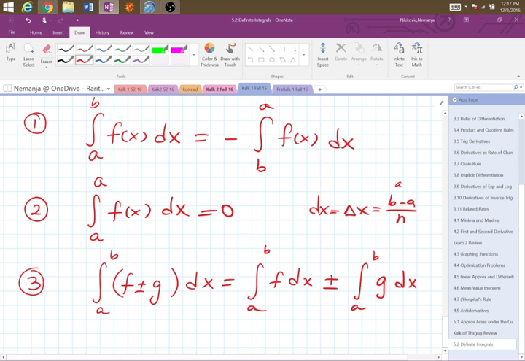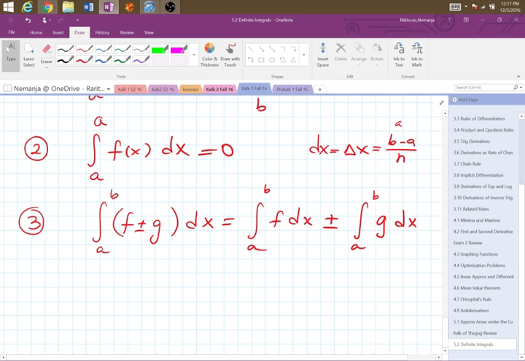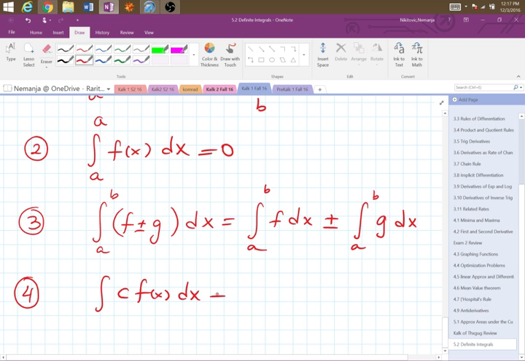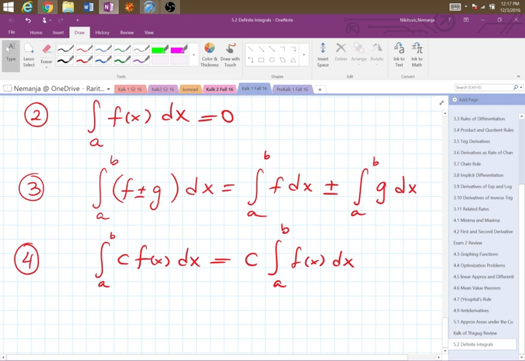This is the one we technically almost never use, but you might. The same thing for the constant. You can kick the constant outside if you need to do it for whatever reason.